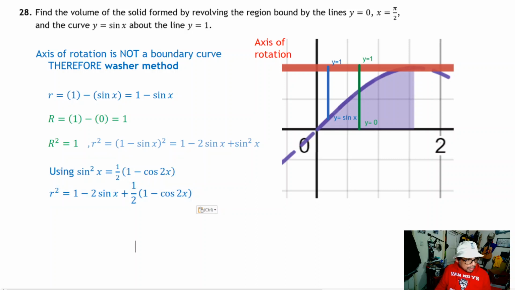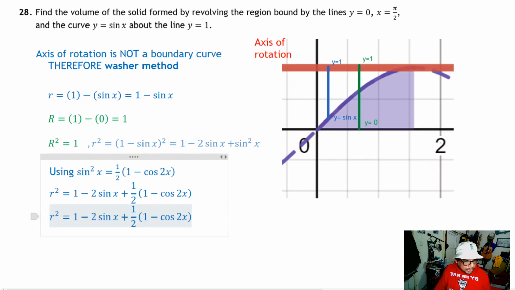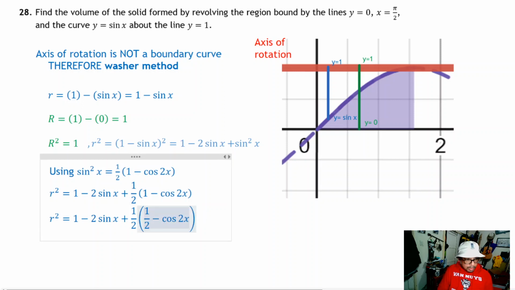We're going to simplify again. We can distribute this 1/2. So 1/2 times 1 is 1/2, and we distribute over the cosine 2x as well, so we get another 1/2 right there, and that cancels out.